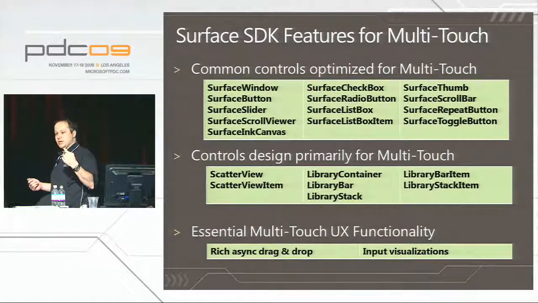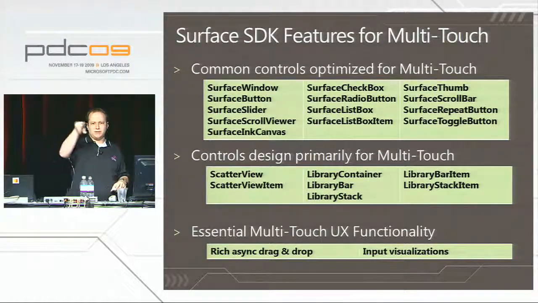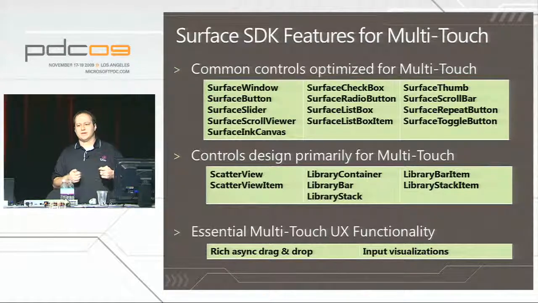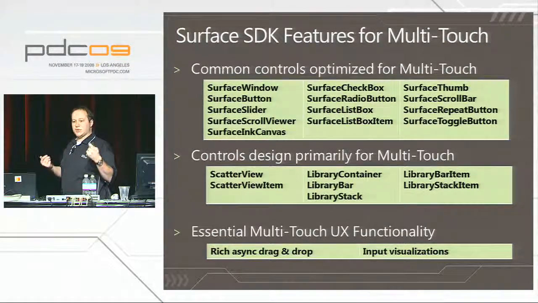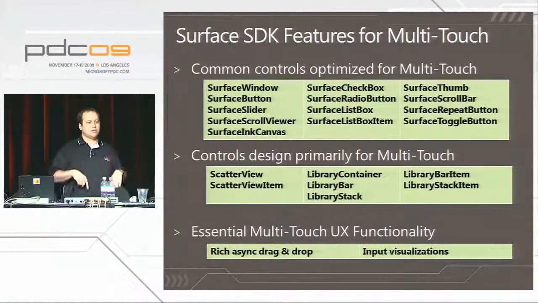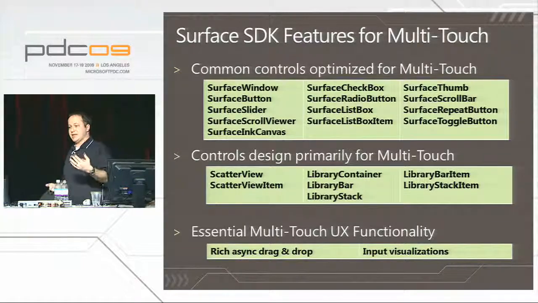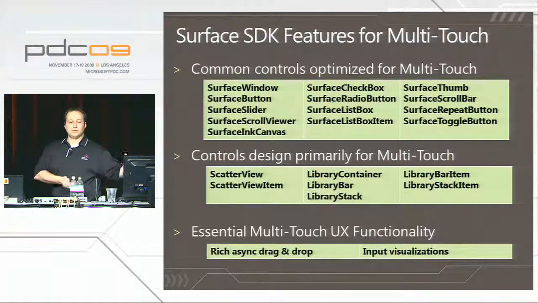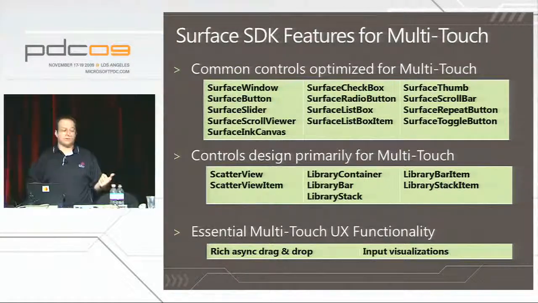It also assumes that you actually have a cursor, a small cursor that's like a little tiny gray box representing the thing that's being dragged, which also doesn't work well in a multi-touch world. In multi-touch, we want to have multiple drag and drops going on simultaneously, and you want rich visuals that are actually interactive while they're being dragged. So Surface has created a set of APIs that look very similar to the existing mouse-based drag and drop framework, but it solves these problems for you.